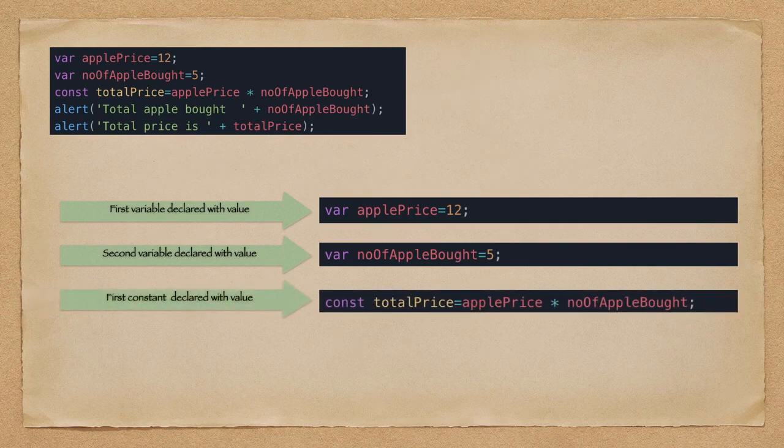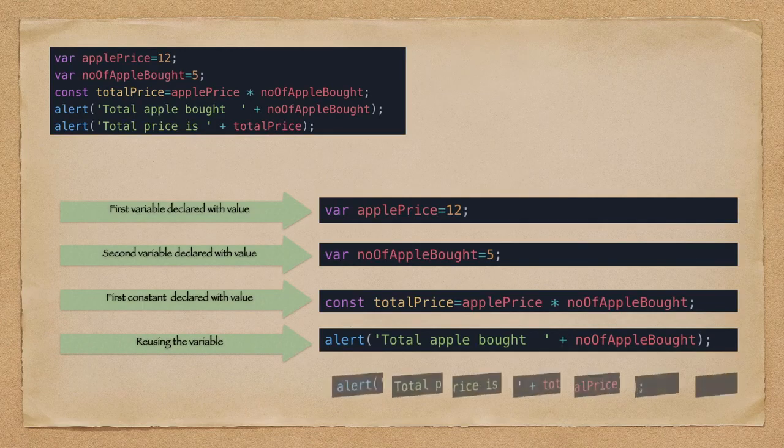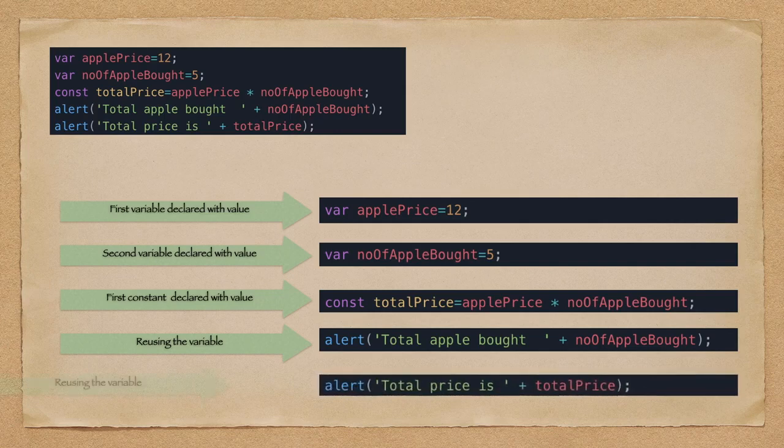The first variable which we are declaring is applePrice equals 12. Then we are declaring the second variable, numberOfApplesBought equals 5. Now we have two variables to calculate the total price.